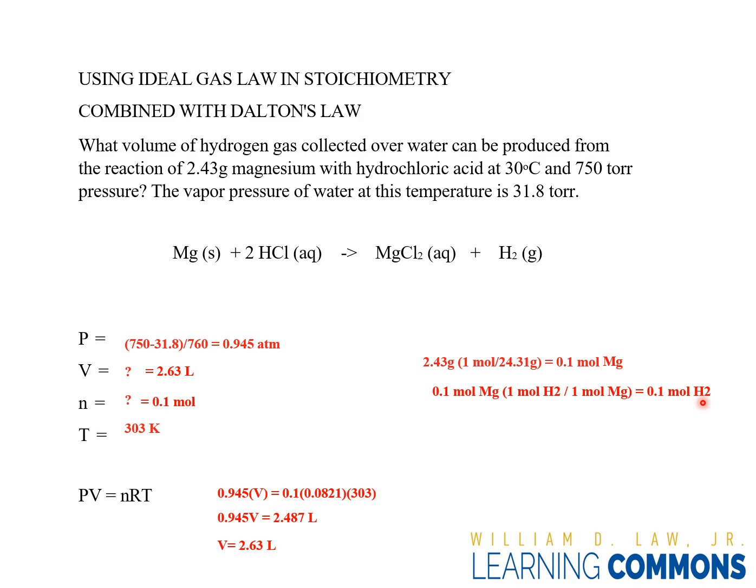After that I solve for the volume of the hydrogen, I plug in all my numbers again, and I convert the 30 Celsius to Kelvin. After I plug in all these numbers, I solve for V, and I will find my final answer, the volume, 2.63 liters.